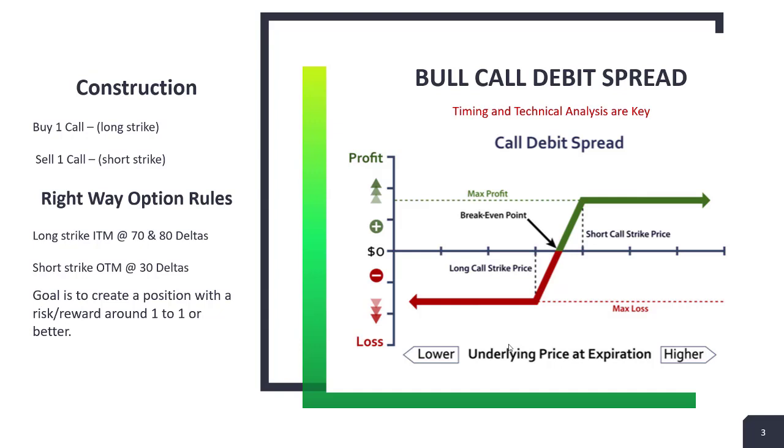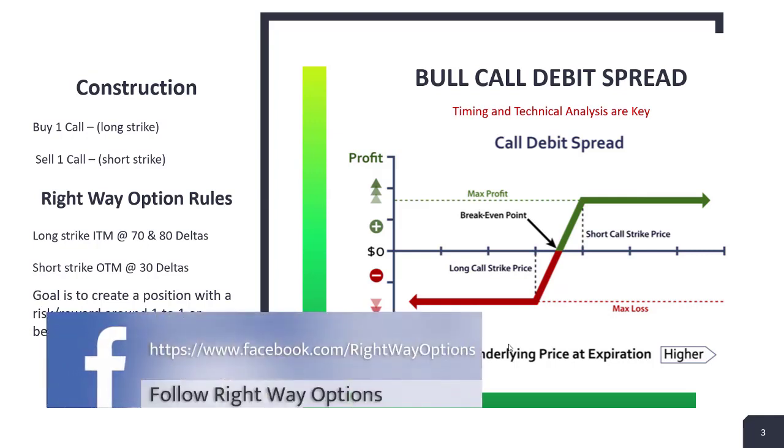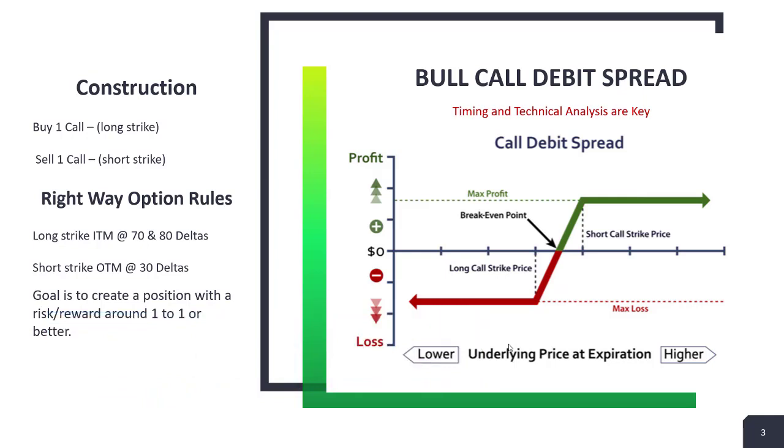Well, typically I'm going to be closing them. I usually don't wait till expiration. And the reason is if the trade moved in my direction like I wanted it to, remember, if we wait till expiration, even our long call's losing money because of theta decay, right? Anytime there's time prior to expiration, theta is decaying against us in this trade.